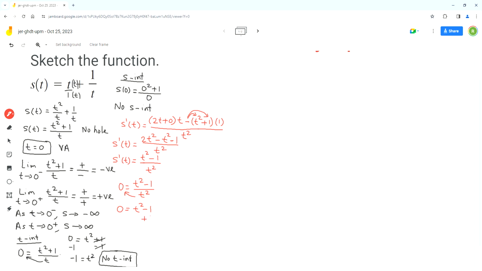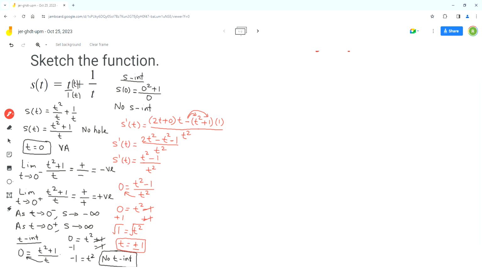And now we can add 1 to both sides. The ones on the right side get cancelled out. So we get 1 equals t squared. And now we can apply square root to both sides. So we get t equals plus or minus 1. So this function has two critical numbers.